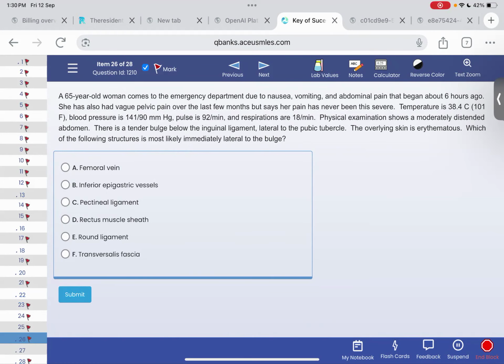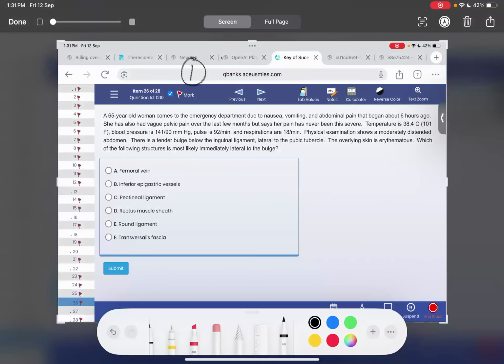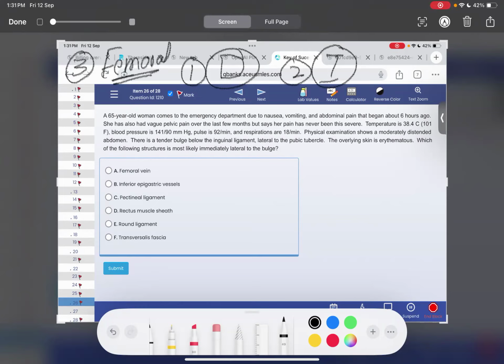Oh, yeah, it's one more question over here. Let's discuss it. I discussed the direct hernia, number two, indirect hernia. Now, a third type, a very rare type, and that is in a woman, is a femoral hernia. Basically, this is your inguinal ligament.